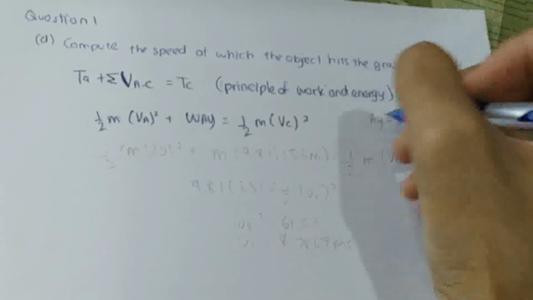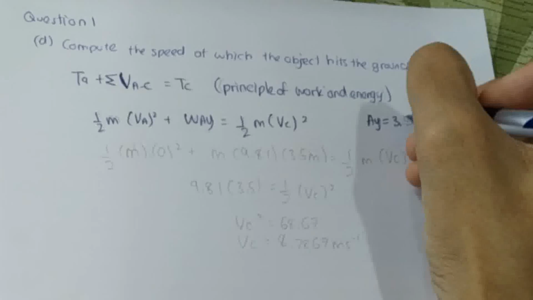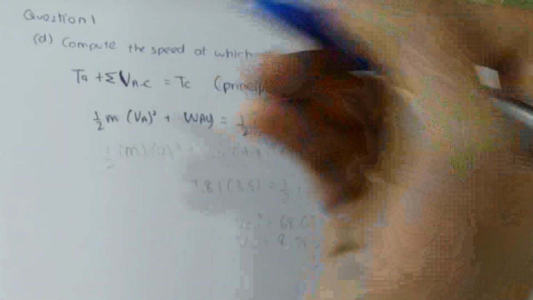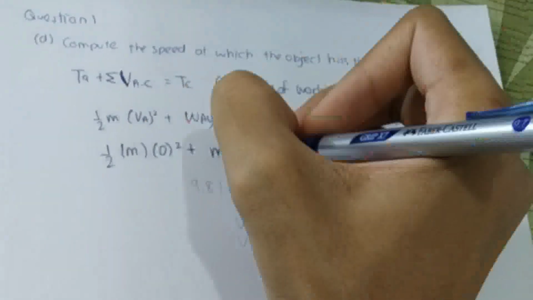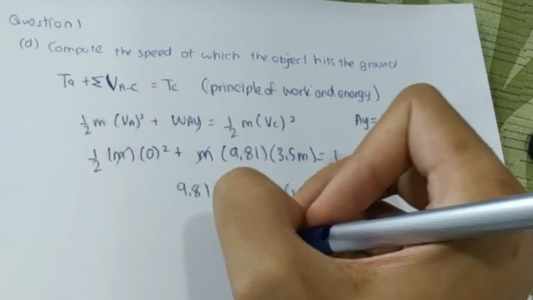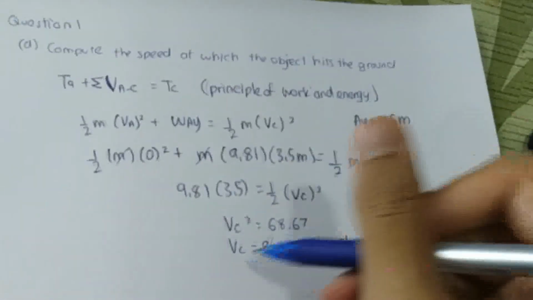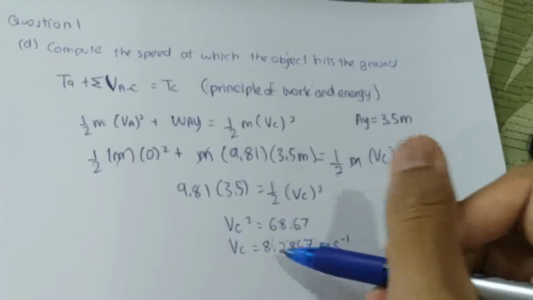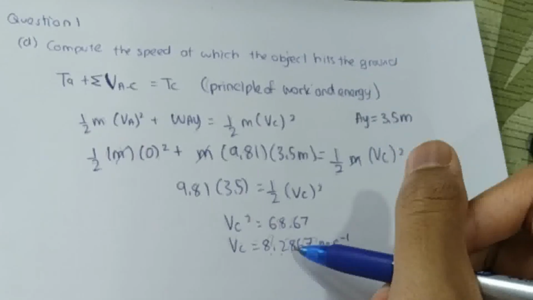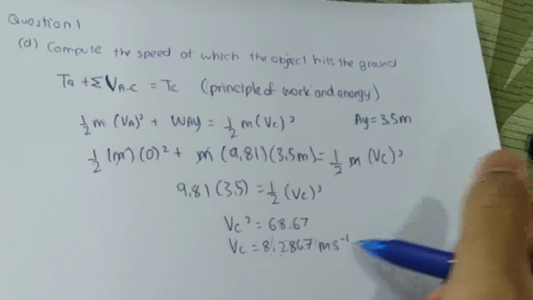The value of Δy is equal to 3.5 meter. Then we obtain the speed at which the object hits the ground is equal to 8.2867 meter per second.